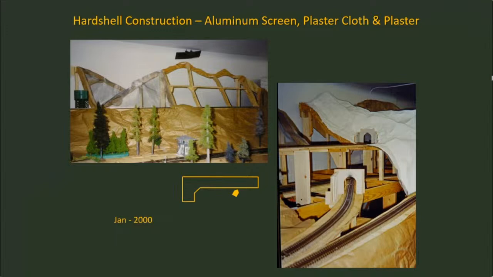They're hot glued together, cut out with a jigsaw, used aluminum screen wire to define the ground, and then covered that with Woodland Scenics plaster cloth, and then kind of soupy plaster on top of that, which you can see on the right hand side here. And from this perspective, you can see how much area is underneath the hard shell. It's a ton of volume that I have used for staging.